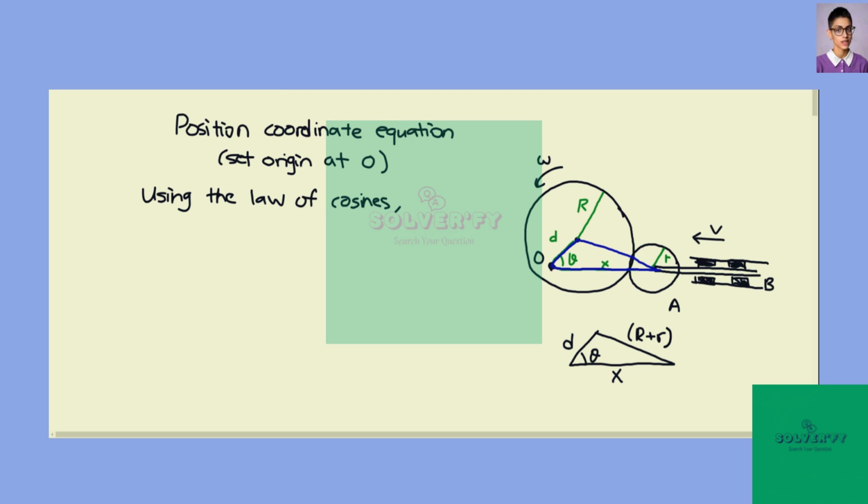So the law of cosines gives us x squared plus d squared minus 2xd cosine theta equals (R plus r) squared. Then we take the time derivative.